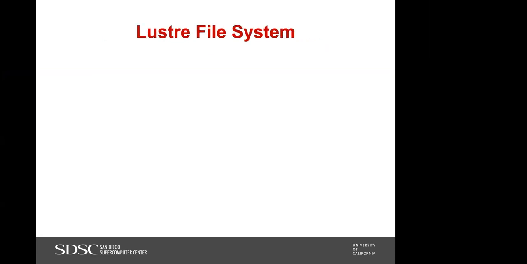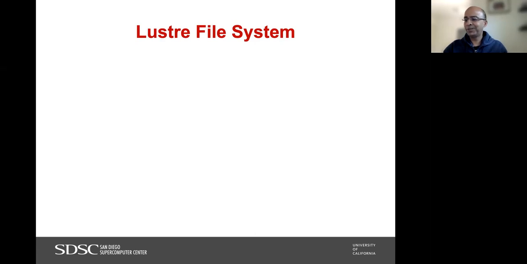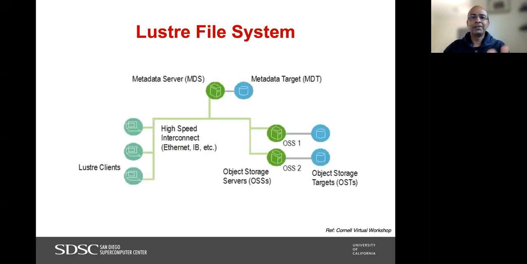Okay, cool. So now, I won't spend too much time on Lustre file systems as we will probably run out of time if I go in depth. So this is a basic overview of the Lustre file system. You have different components. One of them is the MDS, which is the metadata server. The other one is the OSS, which is the object storage server, and then the Lustre clients that we see as users.